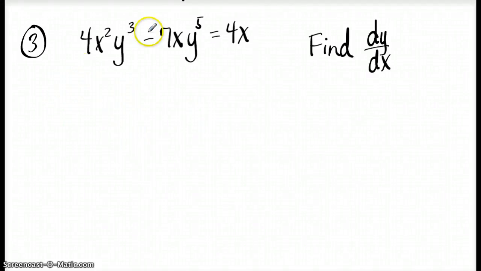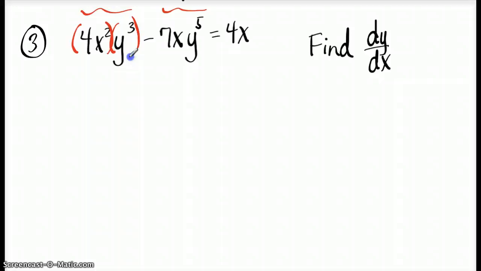Derive what? This one first, because this is a subtraction, right? So I'm going to do this piece and then this piece. So what is in this piece right here? How many functions? 1 function here, 2 functions there. So what do I do?